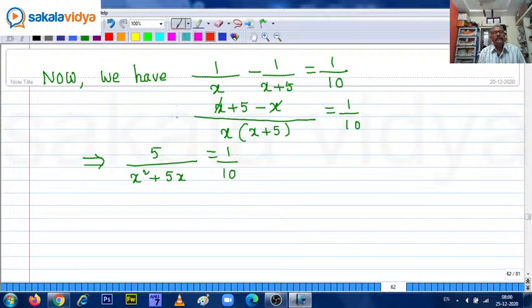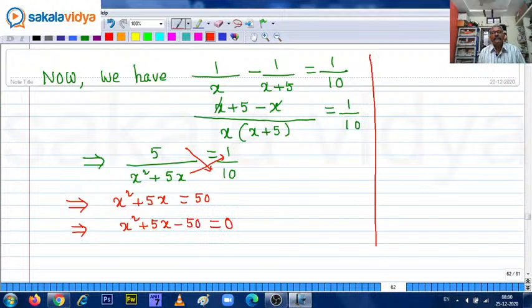Now cross multiply. On cross multiplication you get x square plus 5x equal to 50, 10 into 5. Bring 50 to this side: x square plus 5x minus 50 equals 0.